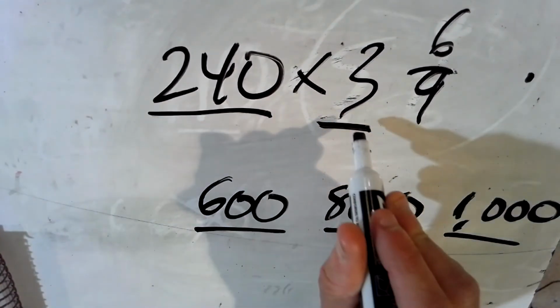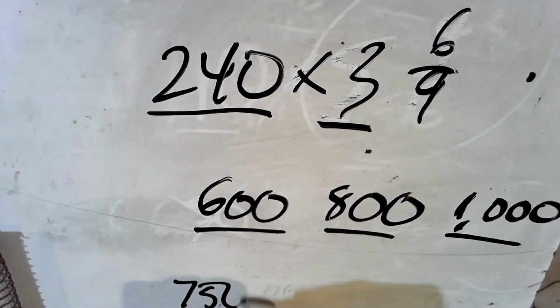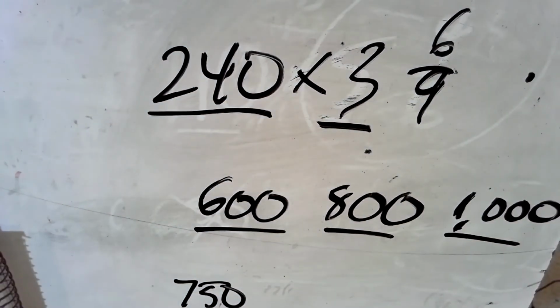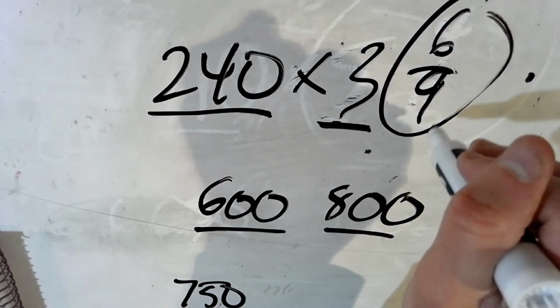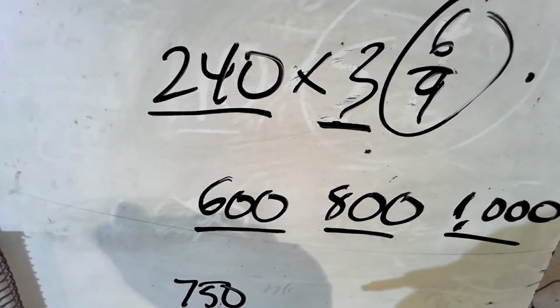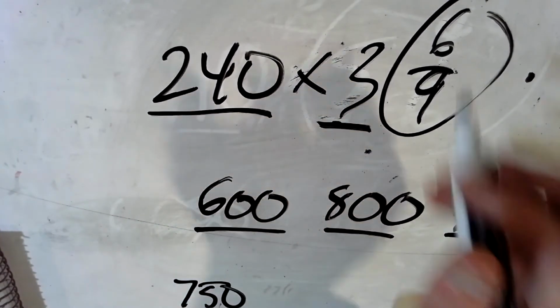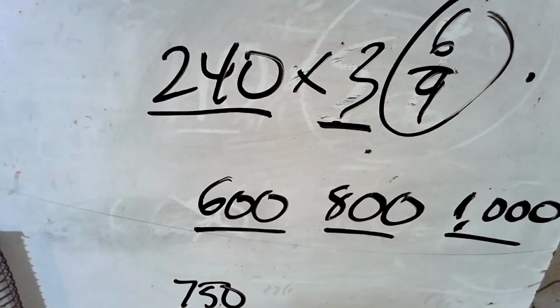Well, we know 240 times 3 is actually 720, so it's close to 750. Let's just write 750 because we know 250, 500, 750 times 3. But also 6/9 of 240 or 250. 6/9 is the same as 2/3. 1/3 of 240 is 80. 2/3 would be 160.